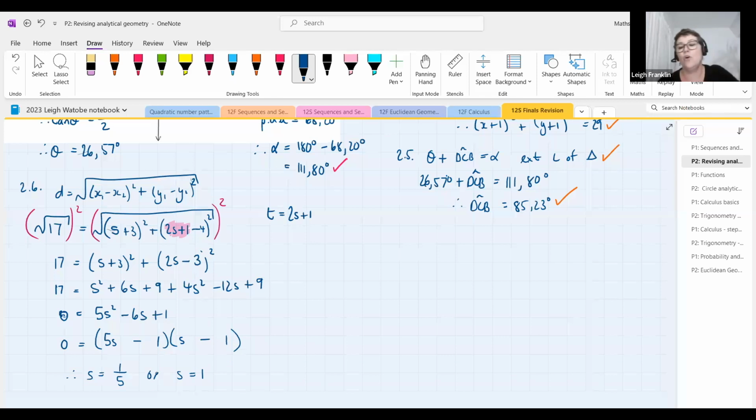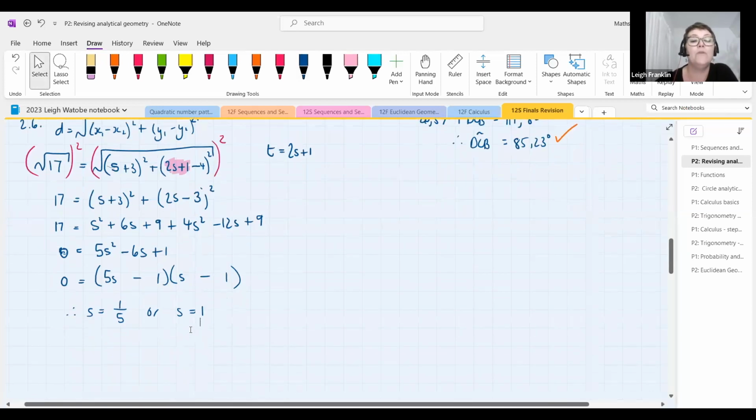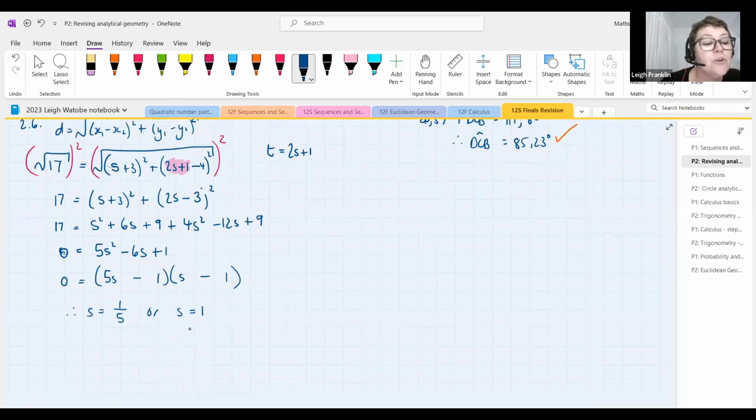And now we've got to go back and sub into that other equation and work out the corresponding values of t. Okay, so t is equal to 2s plus 1. So that would leave us with, I'm getting 7 over 5.